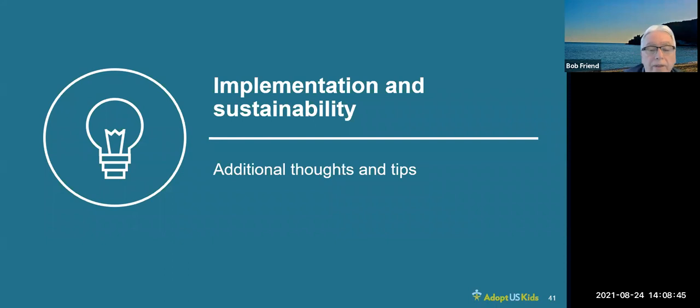Yeah, a couple quick things. We could just talk about this for the remaining time, but just to pinpoint a couple. One is that implementation science has really been clear around the importance of a leadership implementation team that guides installation of really changing practice.